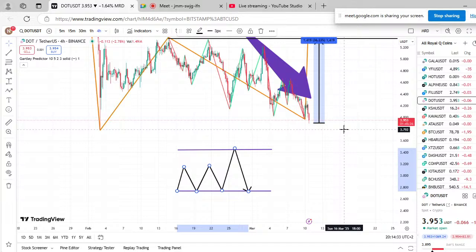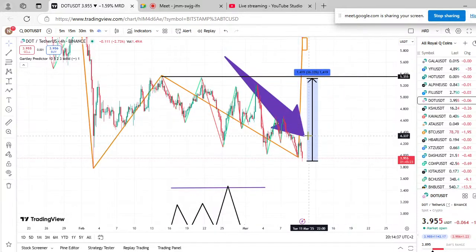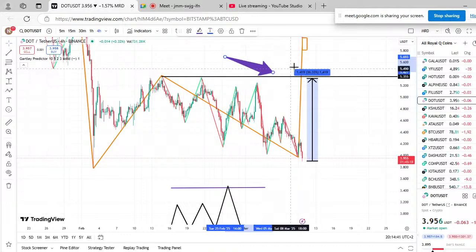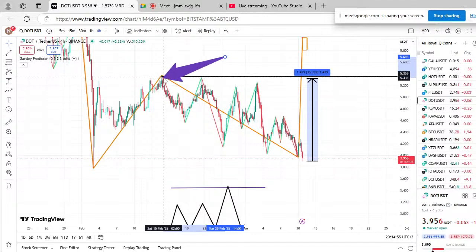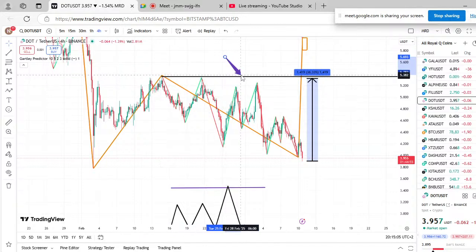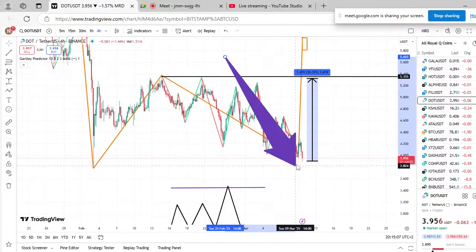So now, what we are talking about at this resistance level, you can call it the supply level. The reason why we call it supply is because this coin has been touching this area and failed to break it. We can see at this point it has been failing to break the area, and we can see this market dropping.